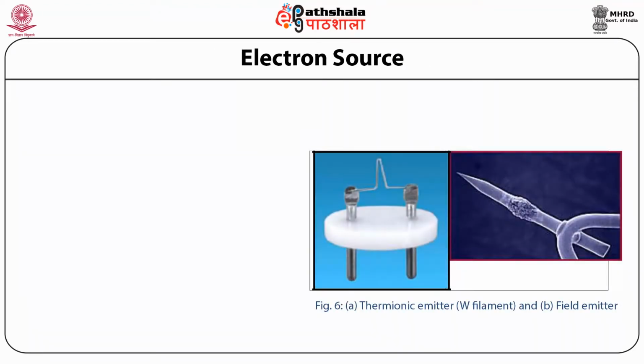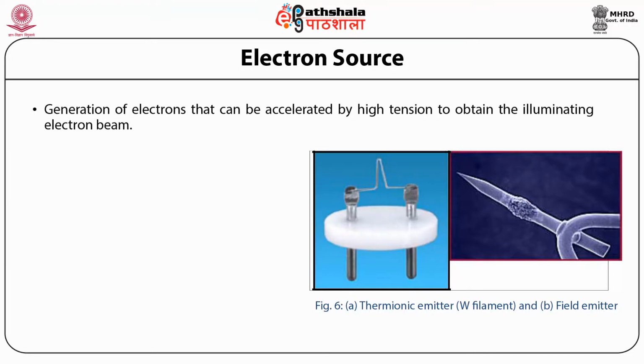Now, first of all, consider the electron source. It generates electrons that can be accelerated by high tension to obtain the illuminating electron beam.